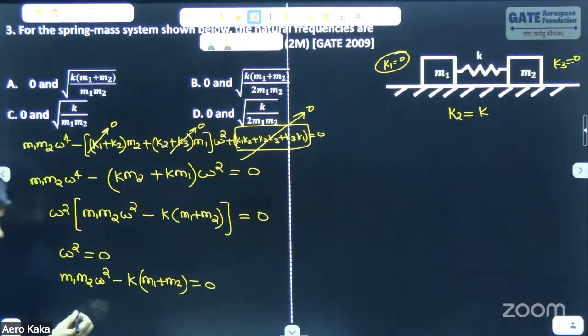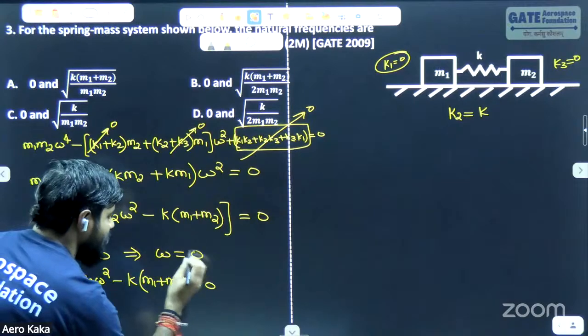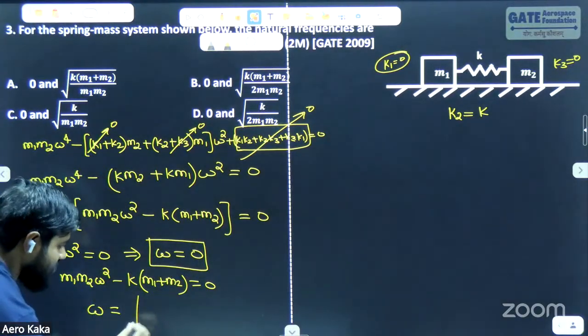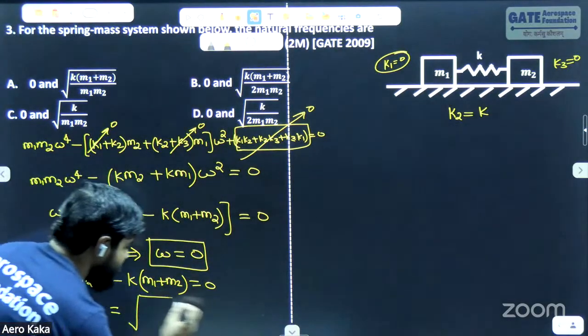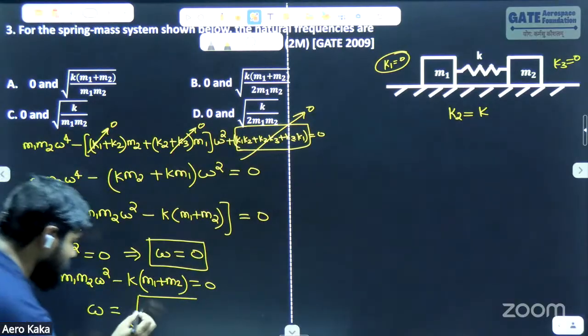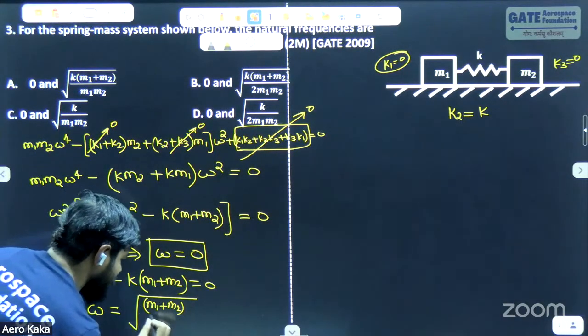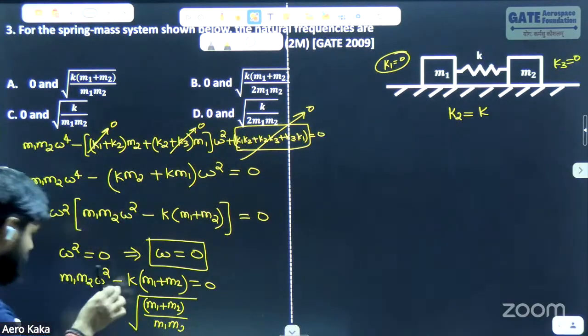Just find out what the value of omega is going to be. From here you will get omega is 0, so one of the natural frequencies is going to be 0, and another one I can write omega is, okay, then let me complete. This omega is going to be m1 plus m2 divided by m1 m2, times k.